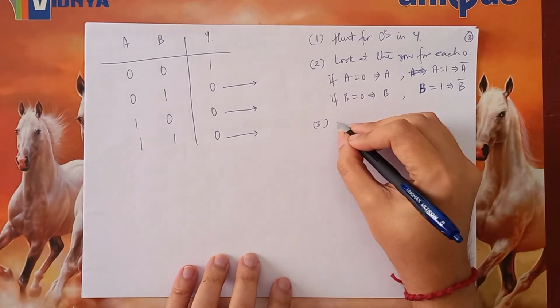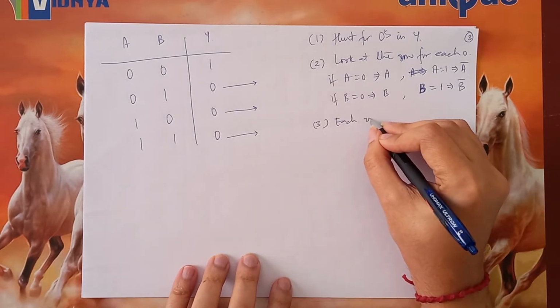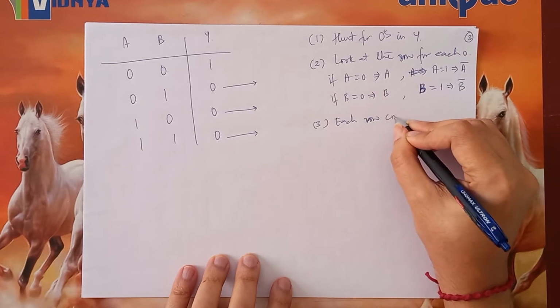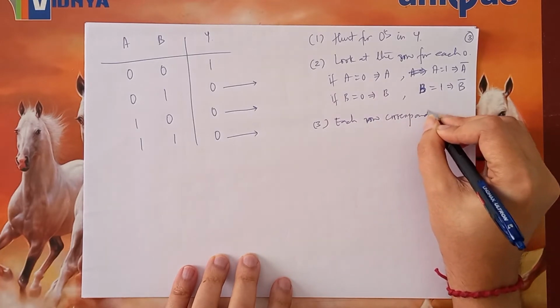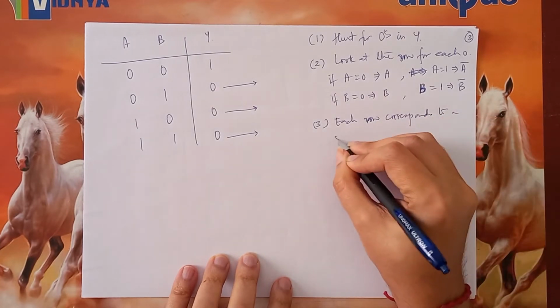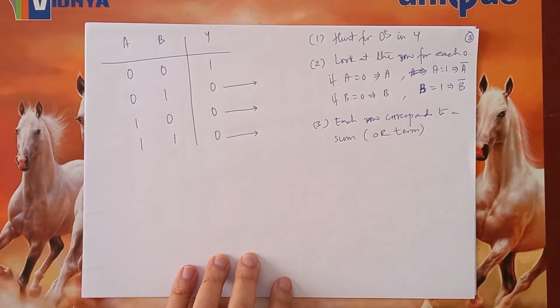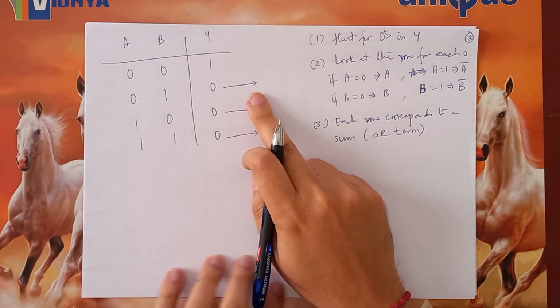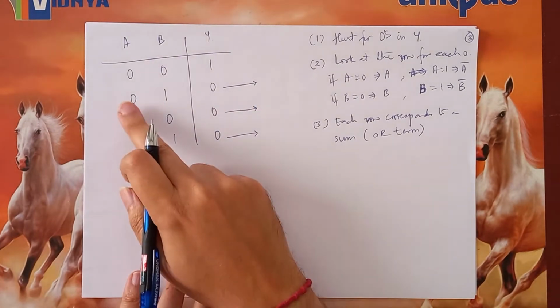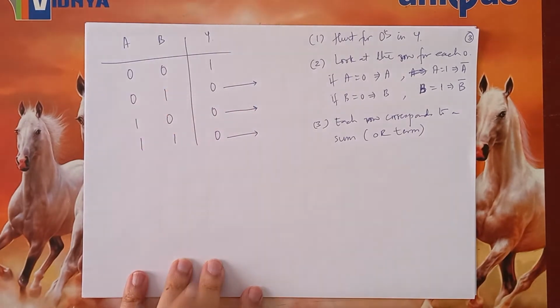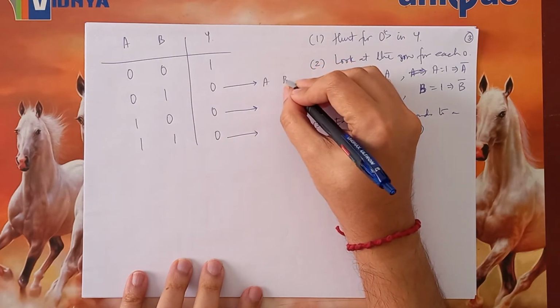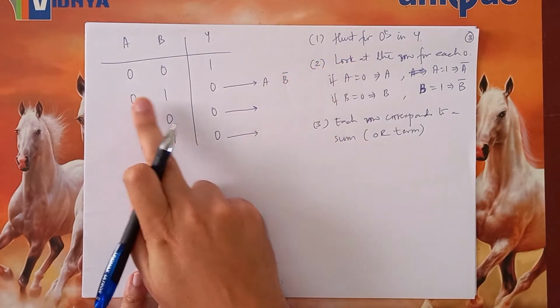Third step is that each row corresponds to a sum, that is an OR term. So therefore, if I do step 2 over here, what will I get? I will get A and B bar. Because here A is 0 and B is 1.